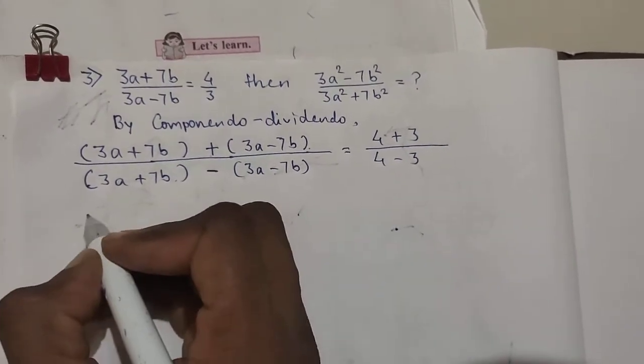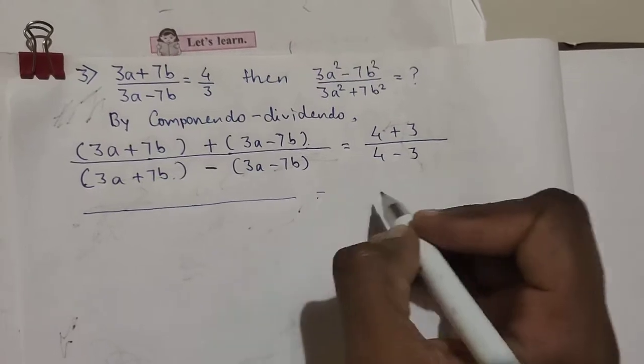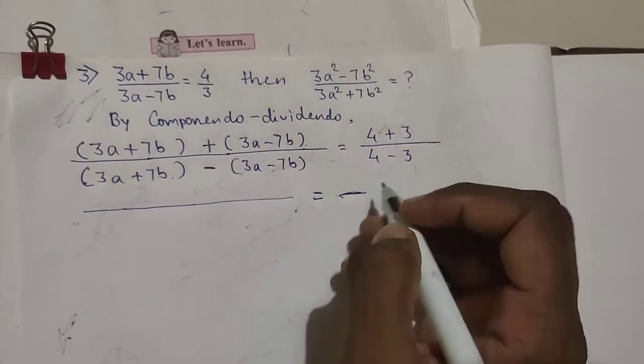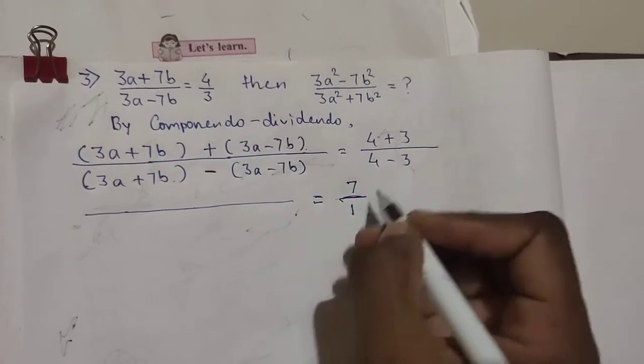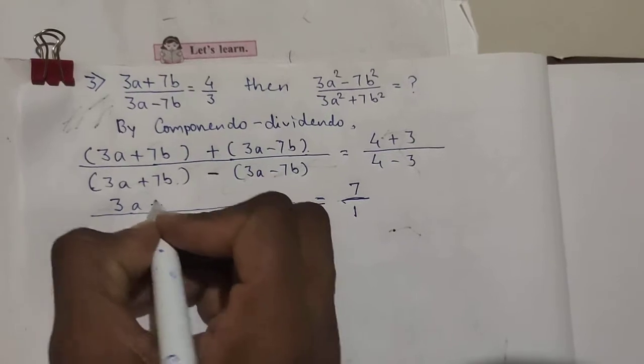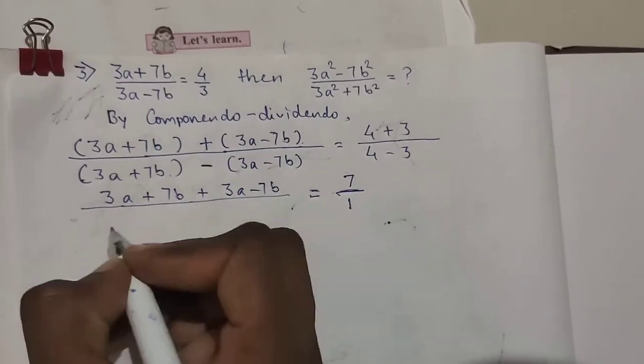Now in the next step, open the brackets and whenever necessary change the sign. This is 7 upon 1, because 4 plus 3 is 7 and 4 minus 3 is 1. Here you have to open the brackets, so these things will be as it is.